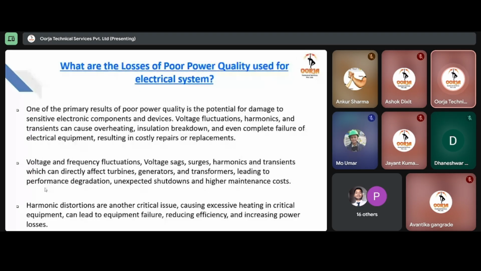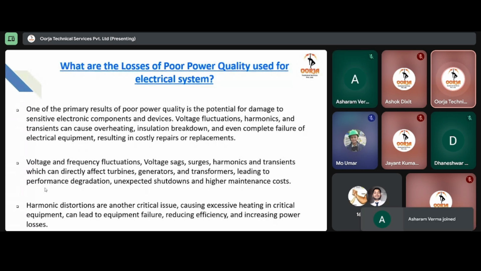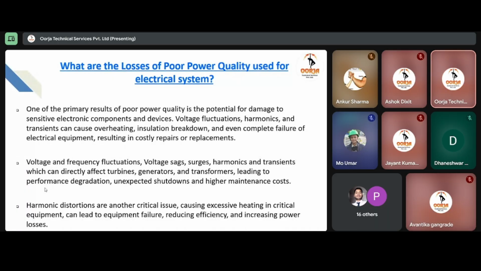Voltage and frequency fluctuation, voltage sags, surges, harmonics, and transients can directly affect turbines, generators, and transformers, leading to performance degradation, unexpected shutdown, and higher maintenance costs. Harmonic distortion is another critical issue, causing excessive heating in critical equipment, which can lead to equipment failure, reduced efficiency, and increased power losses.